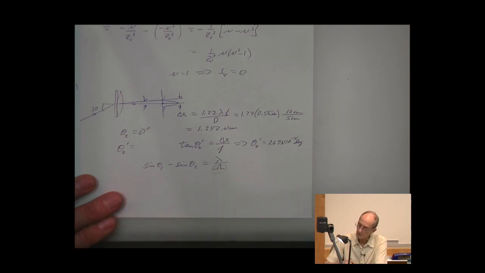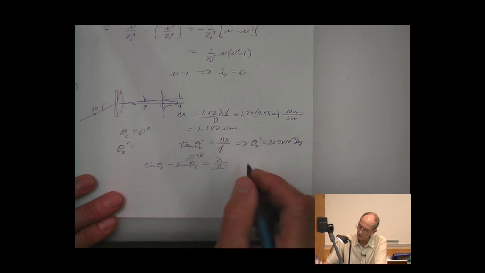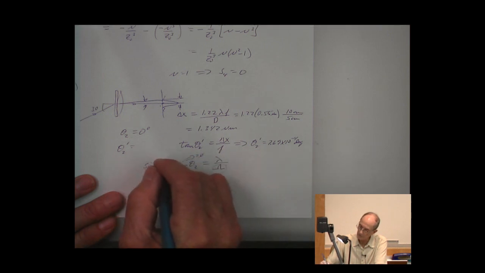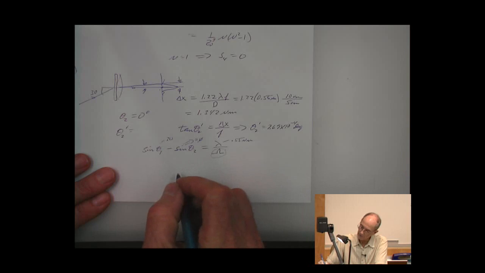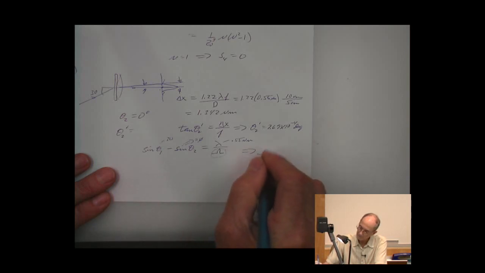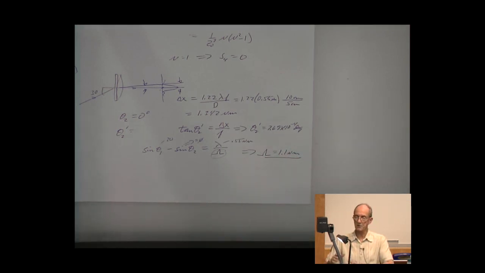If sine theta 2 is equal to 0, theta 1 is 30 degrees, and lambda is 0.55 microns, we end up with a period of 1.1 microns.